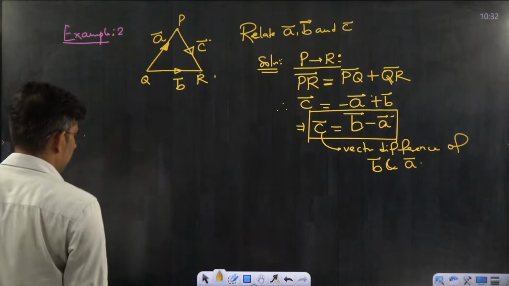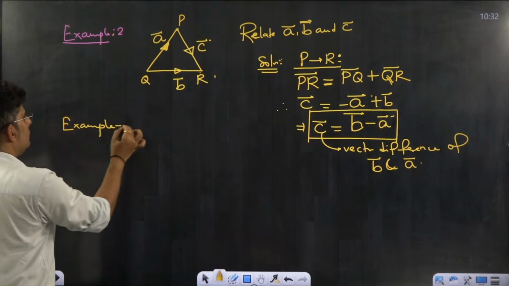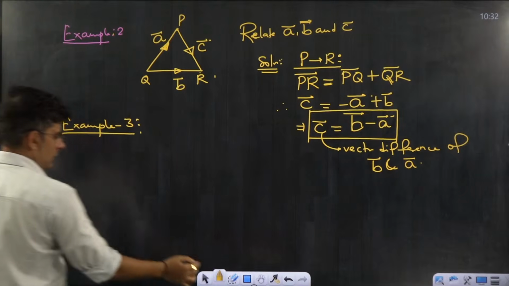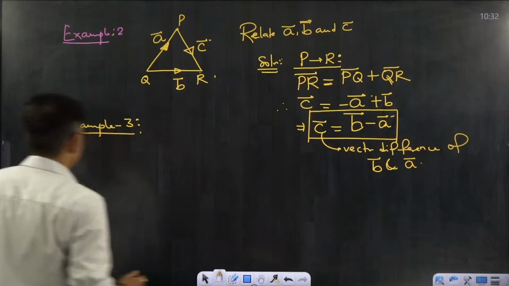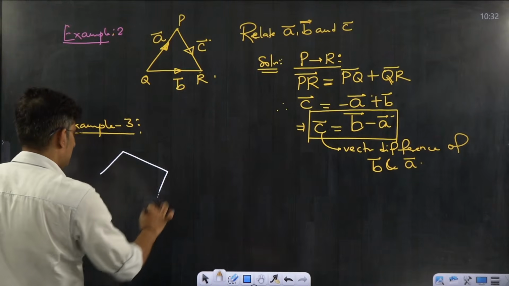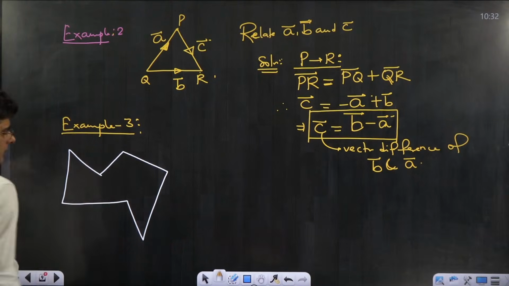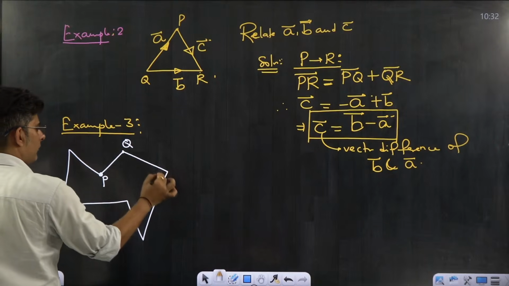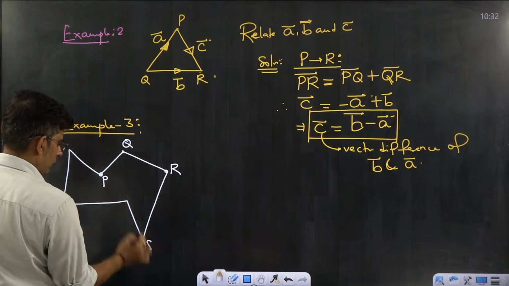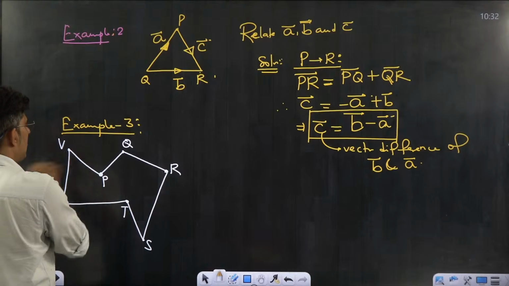If I extend this, and as I told, not only two, you can use it limitlessly for as many vectors as you wish. Suppose we have vectors like this, and they have given me some names.